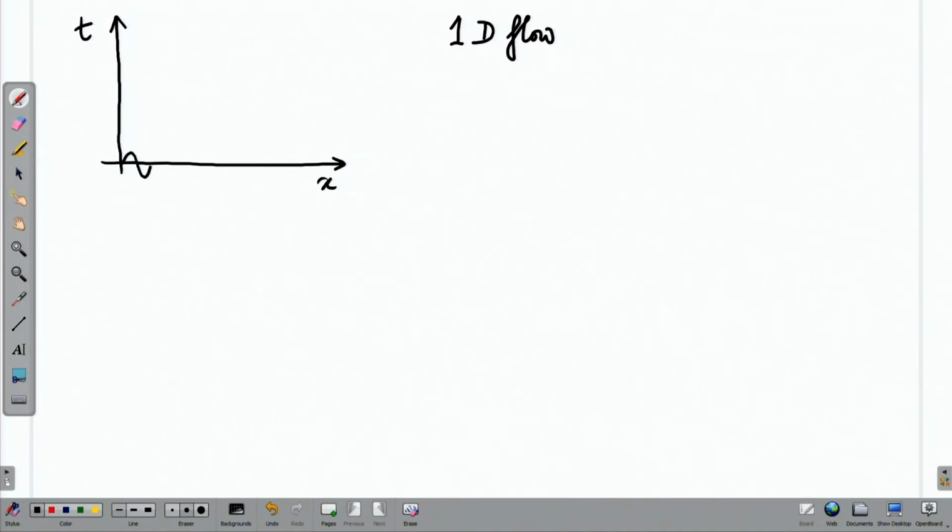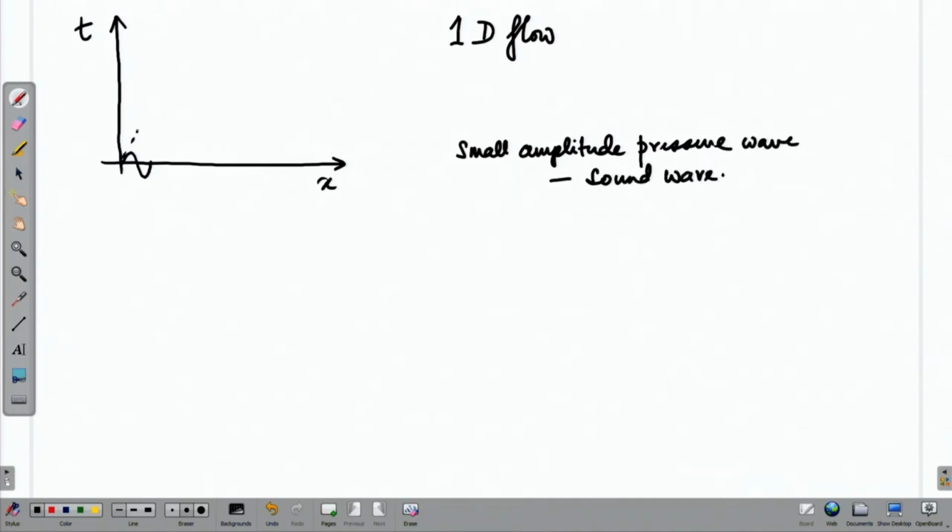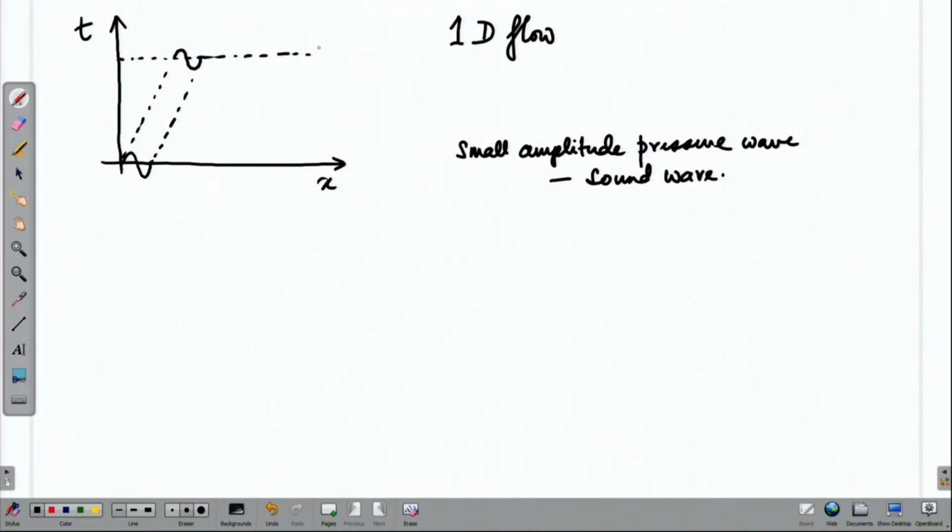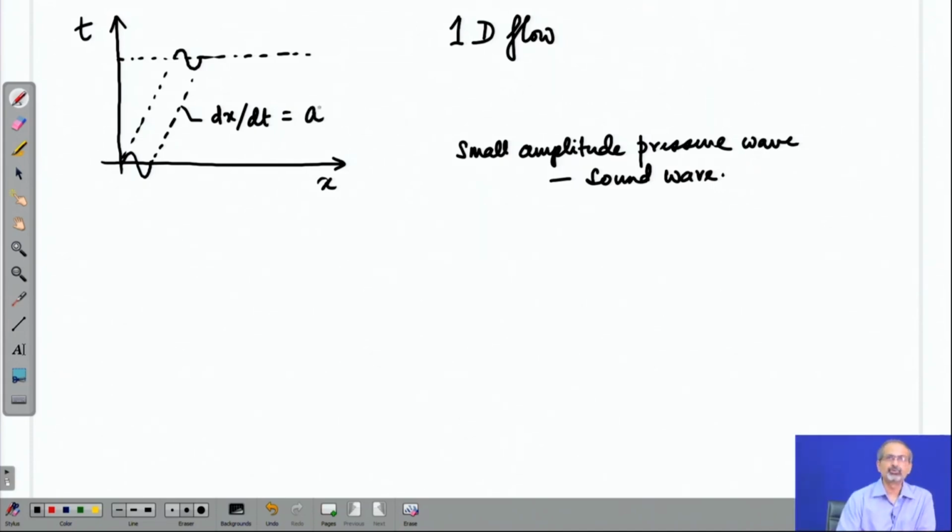Just for recollection, we said that a very small amplitude pressure wave, which we called as sound wave, when it propagates through the medium, the ripple that is created in the flow properties traverses through the domain at constant speed, that is at the sonic speed, and the wave form remains undistorted as it traverses through the medium.